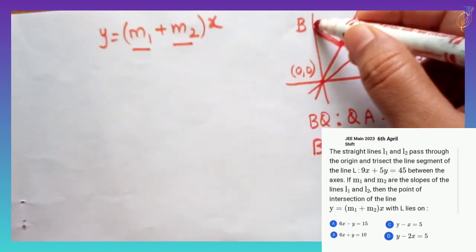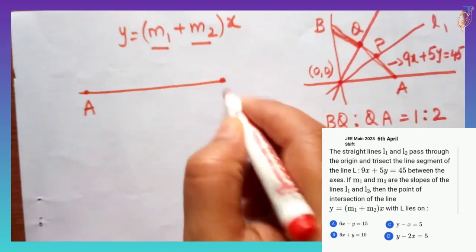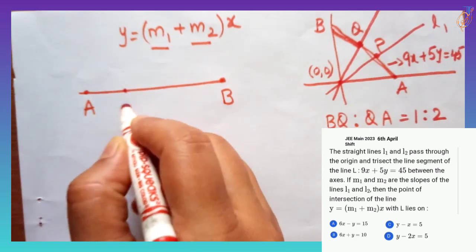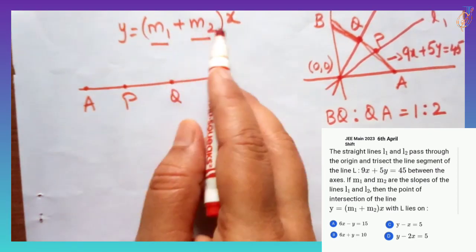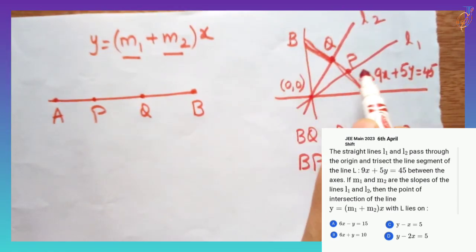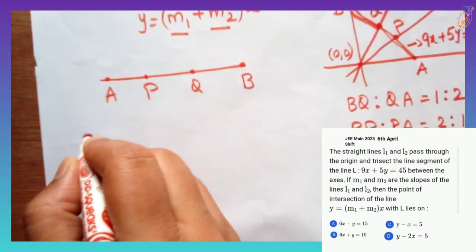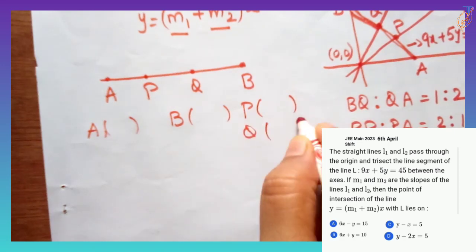This trisect line I am drawing here: this is A, this is B, and after A is P, and here is Q. First you have to find M1 and M2. Before that you have to find the points A, B, P and Q.